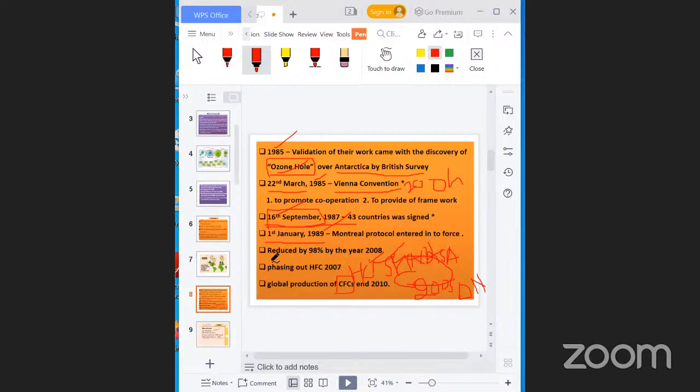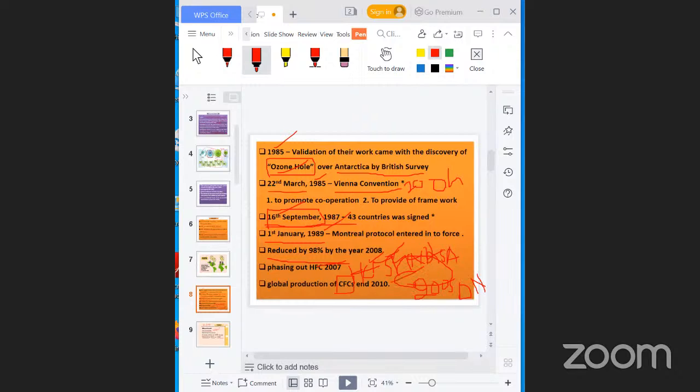Then they talked about global consumption being reduced by 98% by the year 2008, and they talked about phasing out hydrofluorocarbons in the year 2007. And the global production of chlorofluorocarbons should be ended by the year 2008.